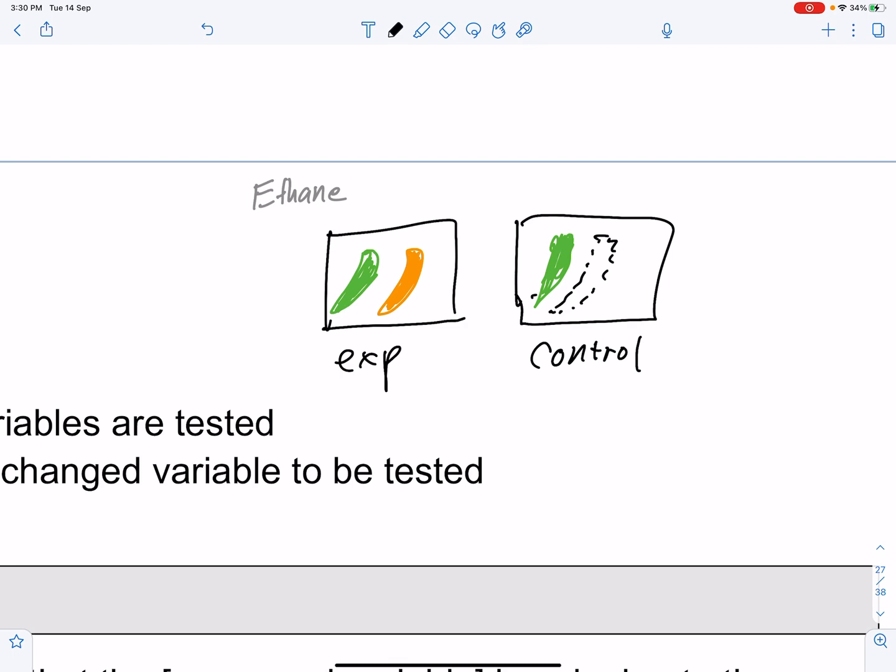It's gone, because the ethane gas is the change variable. So you remove it, and that's why you do not see it in your control setup. This is the answer. Your control setup is just the unripe banana with no ripe banana, because the ripe banana gives off ethane gas, which is your change variable. So you remove that, and then you have your control setup.